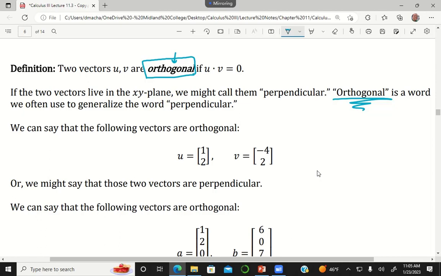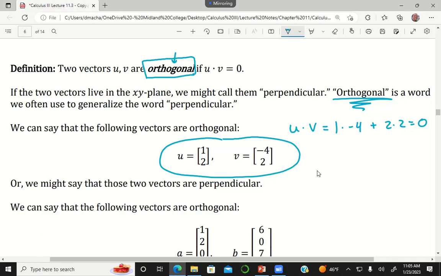So these vectors are orthogonal, because if I take the dot product u dot v, that would be 1 times negative 4 plus 2 times 2. So that would be negative 4 plus 4 equals 0, right? And since the dot product is 0, we would say that those are orthogonal. Since they're two-dimensional, we would say that they are perpendicular, right?